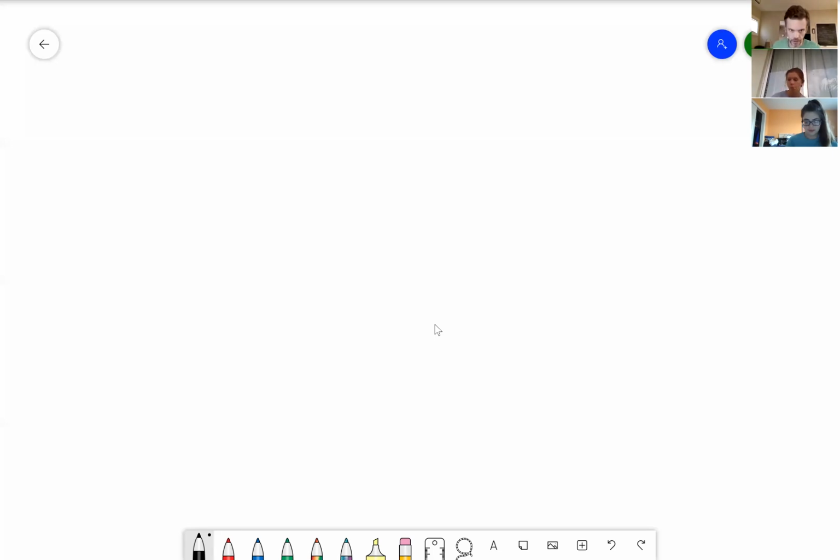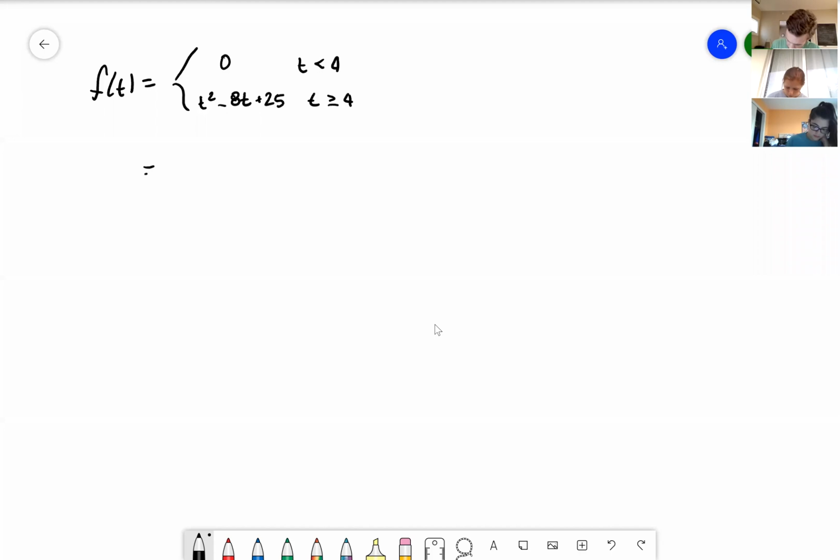Okay, so find the Laplace transform of f of t. So this is this sort of delayed function, 0 when t is less than 4, and it's t squared minus 8t plus 25 when t is greater than or equal to 4. Actually, we don't care about what happens exactly at 4. Okay, so the first step is to convert it into the Heaviside step function notation.